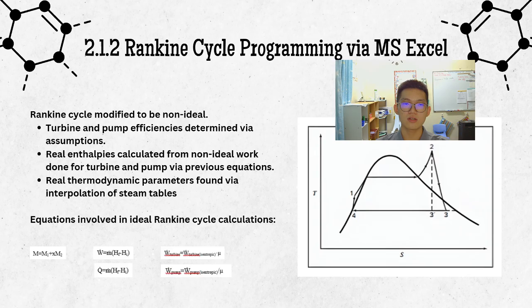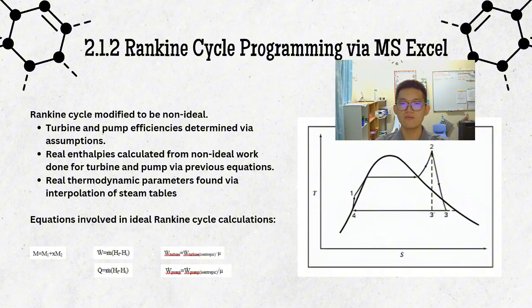In this stage, the turbine and pipe efficiencies are determined via assumptions. Real enthalpies are calculated from non-ideal work done for turbine and pump via previous equations. Following this, the real thermodynamic parameters are found via interpolation of steam tables.